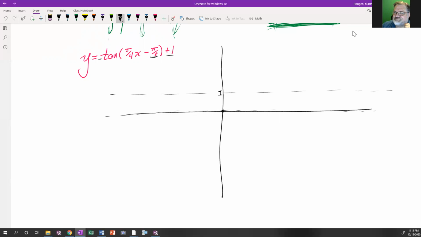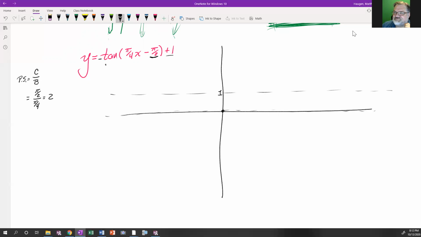This value is going to tell us about our phase shift, but we have to be a little careful. Our phase shift isn't pi over 2. We have to remember to divide out this compression factor. Now we can either do that by deciding that our phase shift is that C value divided by the B, divided by that compression factor. So that's pi over 2 divided by pi over 4, which is just equal to 2.